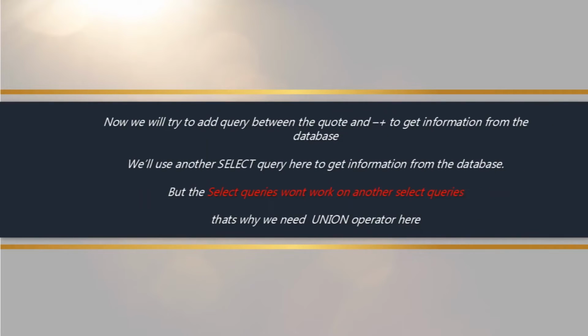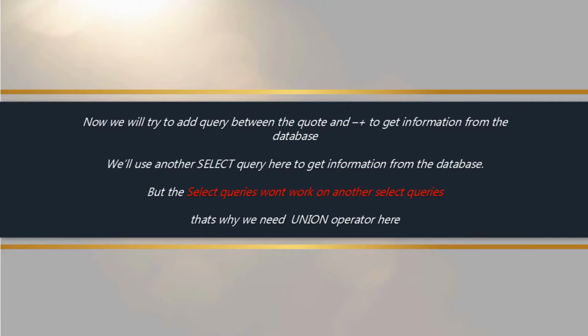Now we will try to add a query between the quote and the plus to get information from the database. We'll use another select query here to get information from the database. But a select query won't work directly alongside another select query. That's why we need the union operator here.